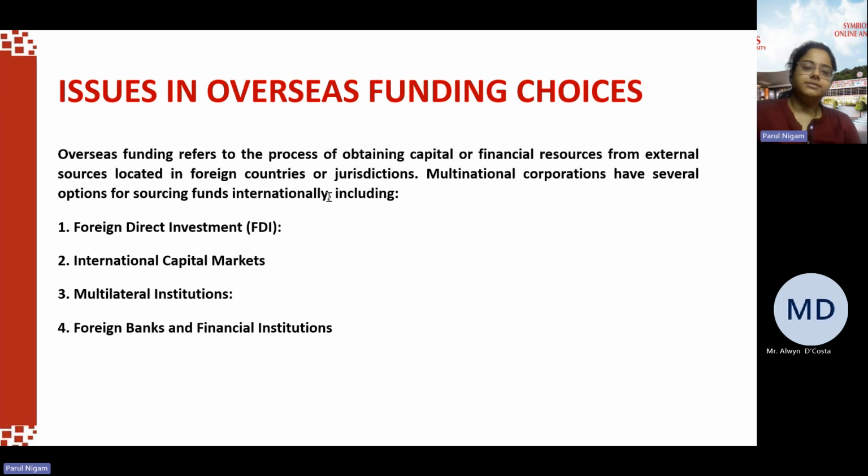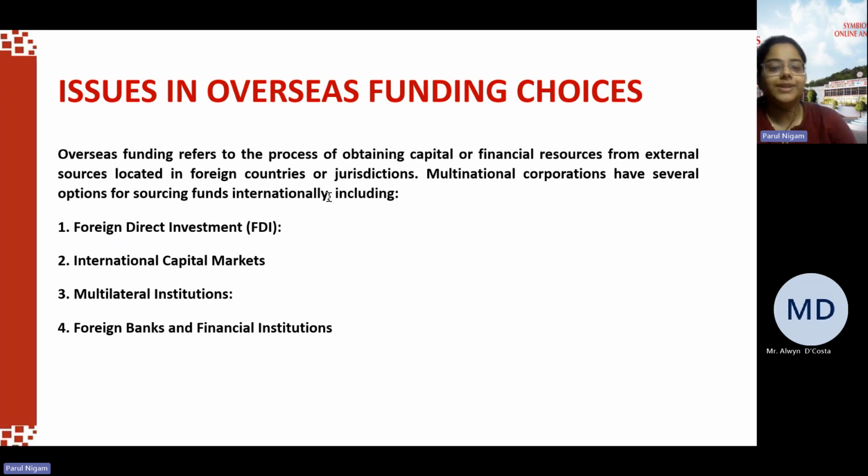Then we have subsidiary banks. A subsidiary bank is when a foreign bank establishes a separately incorporated entity in the host country. It functions as an independent legal entity, but it is owned by the parent bank.